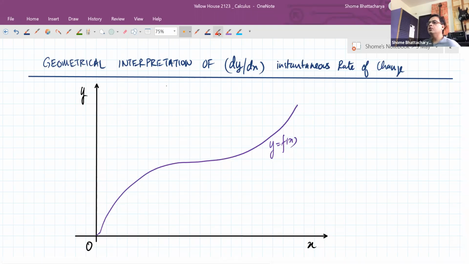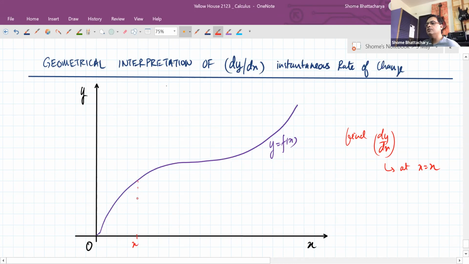Okay. Now I want to find the instantaneous rate of change at a particular value of x. It's not for an interval, it's for a particular value of x. So let's say that particular value of x is here. This is x. So the particular point on the graph is this.